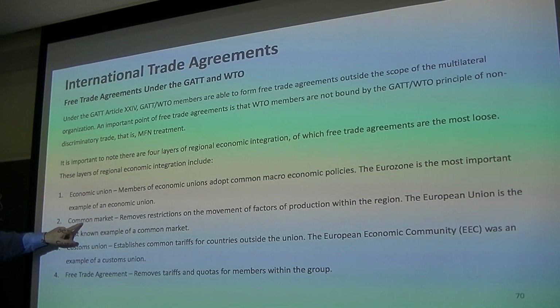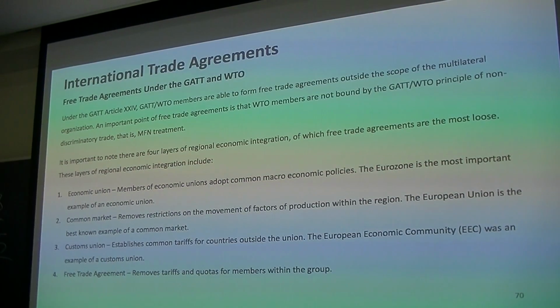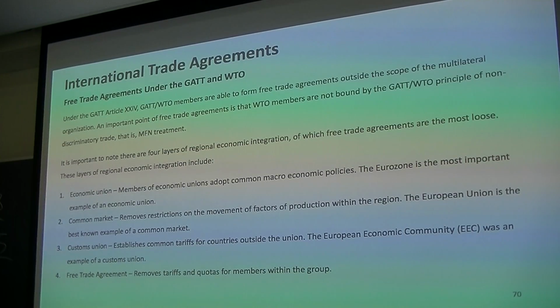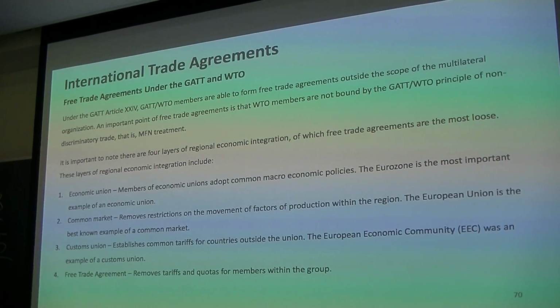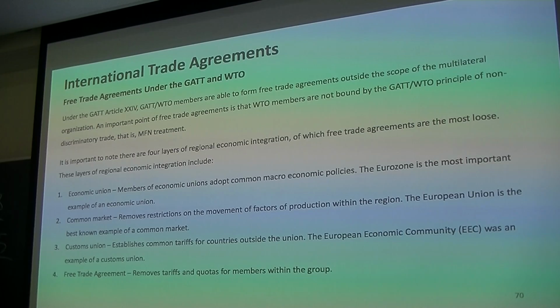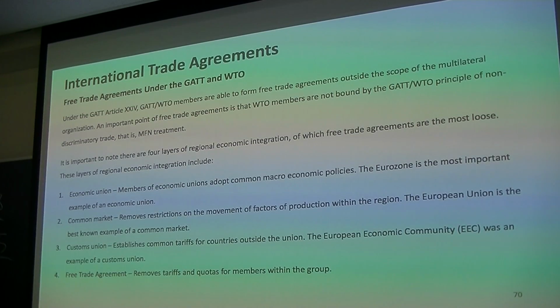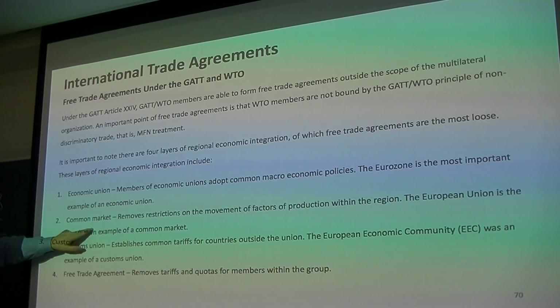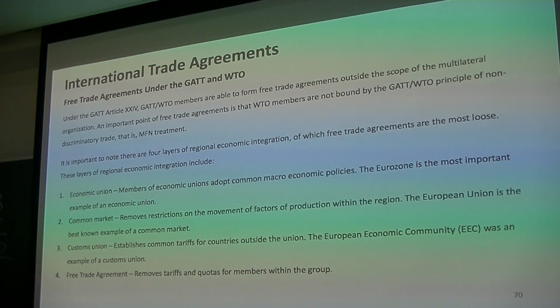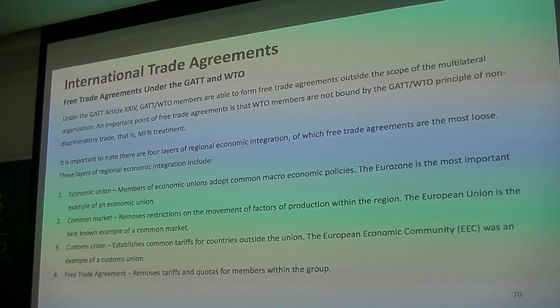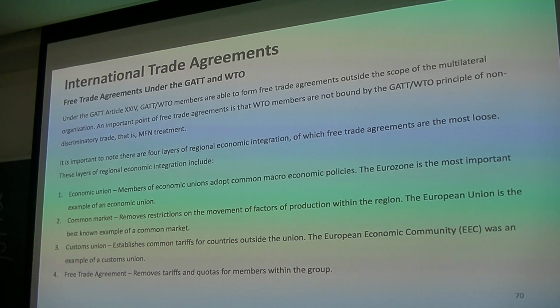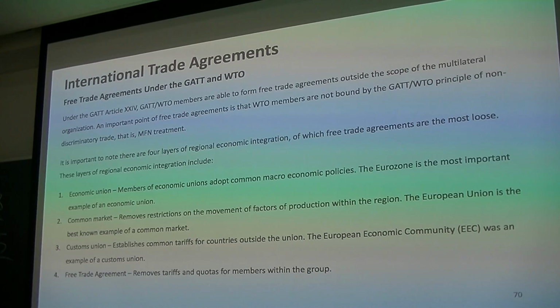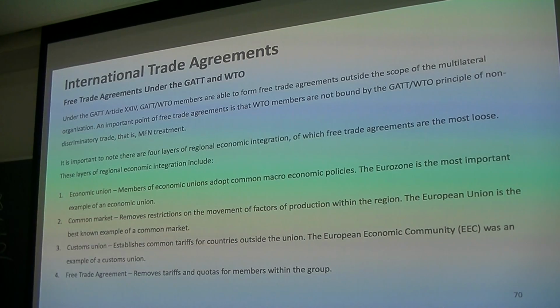Then there's the common market, and see the difference between, we talked about the EEC and the EU. The EEC became the EU, but the EU is a common market, and so there are no restrictions on the movement of factors of production within the region. So within the EU are eliminations of restrictions on the movement of factors.